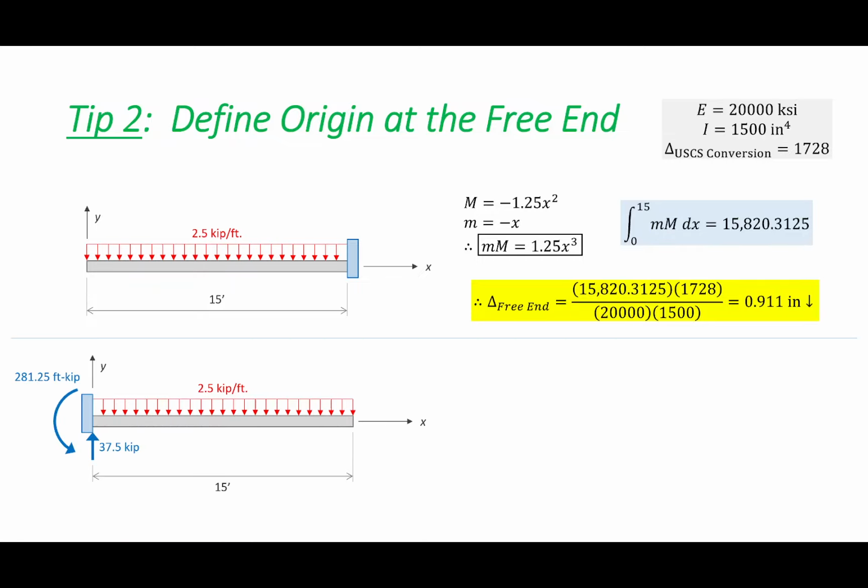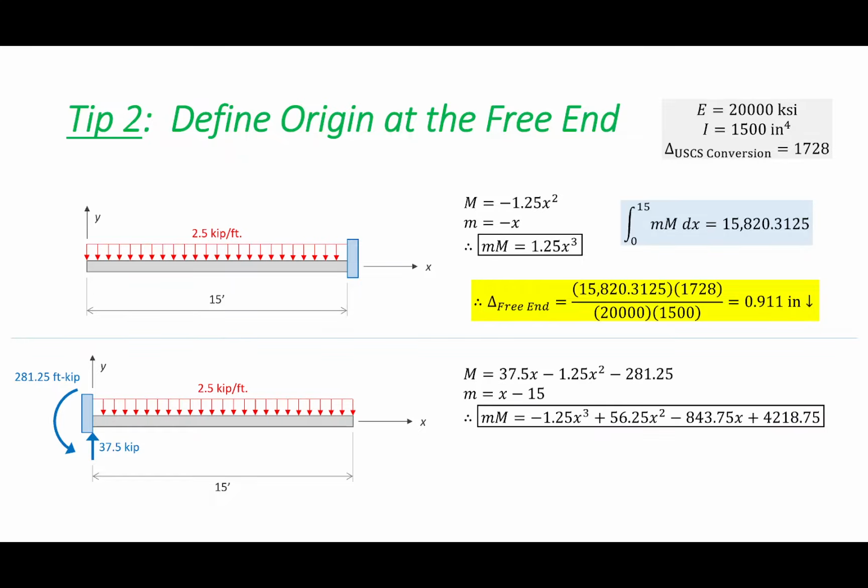Now, let's put this over here. Let's flip it. Let's put the support over here. Well, first off, if I cut a section, look to the left, I have to deal with the supports. I have to deal with the reaction in the vertical direction and the moment reaction. So if I cut a section, look this way, my big M is going to be a lot more complicated.